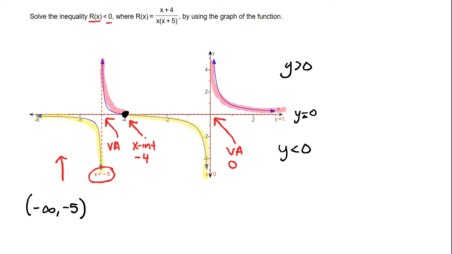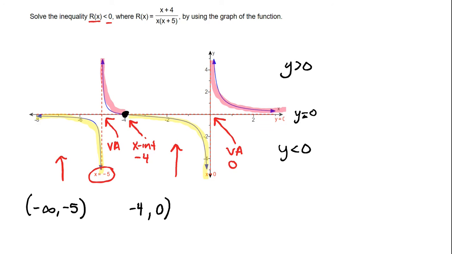And then we have this section of the graph being below the x-axis. That section starts at that x-intercept of -4 and ends at this vertical asymptote of 0. The vertical asymptote is an undefined portion, so we wouldn't want to include it.